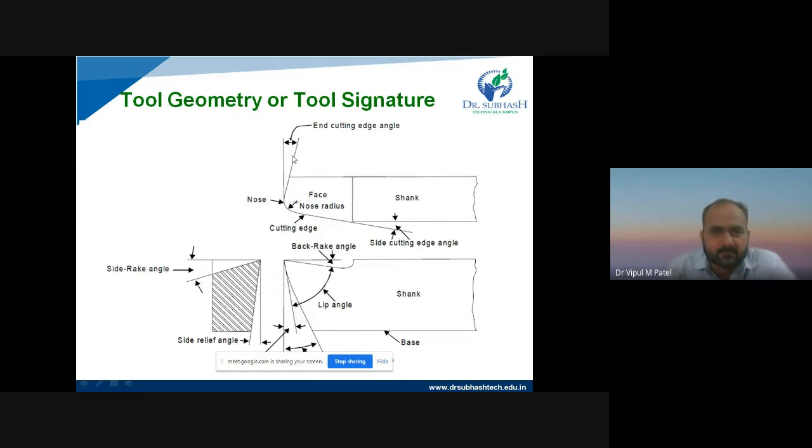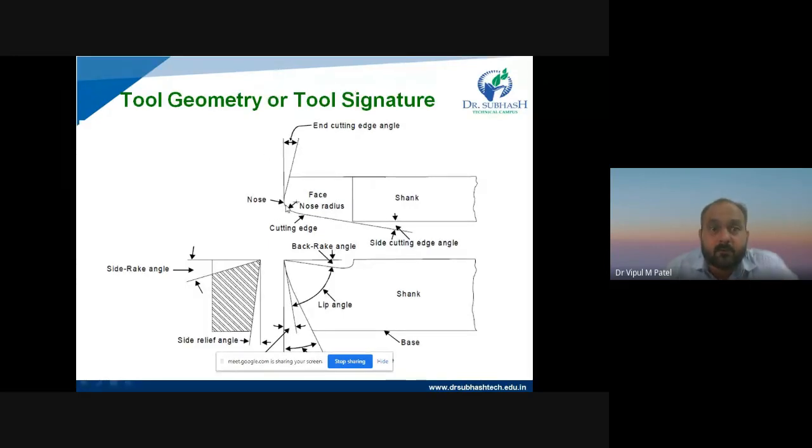How can we explain it with the use of different sentences, that we will discuss in the next slide? But first, try to understand the important parts, components, and areas of the single point cutting tool.